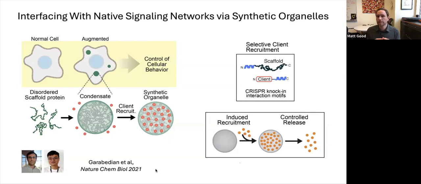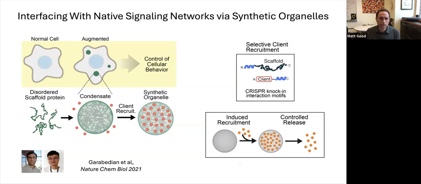And by a compartment, I mean a mesoscale condensate. So a partitioned space inside the cell or the protocell that's typically in the 1 to 2 micron diameter range, so the size of a traditional organelle.